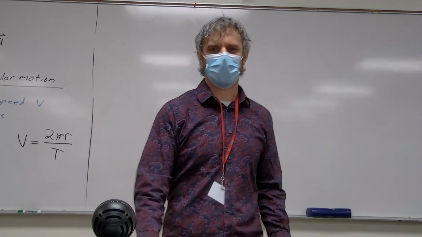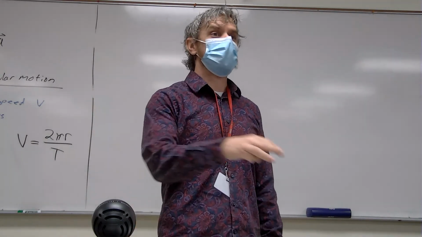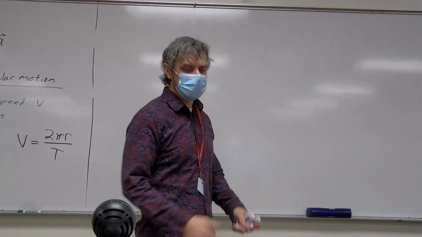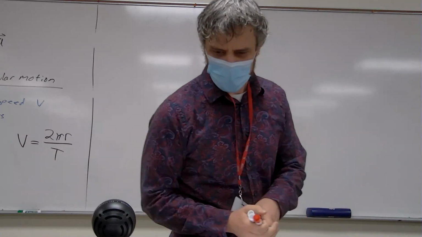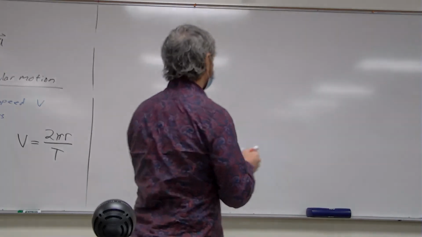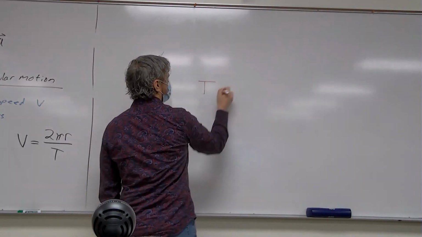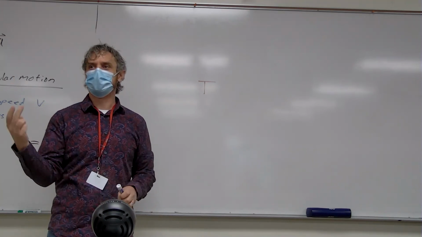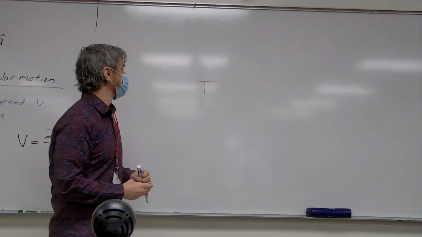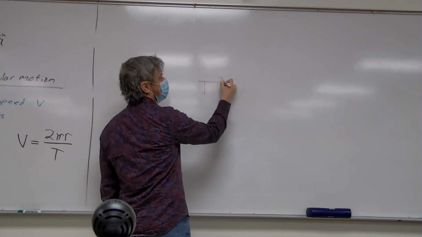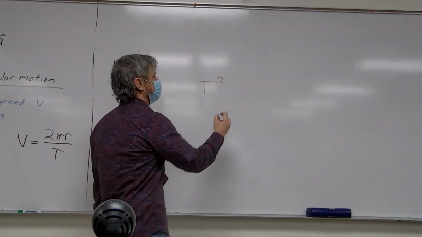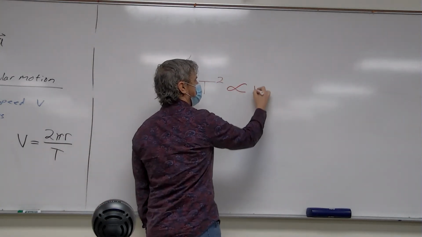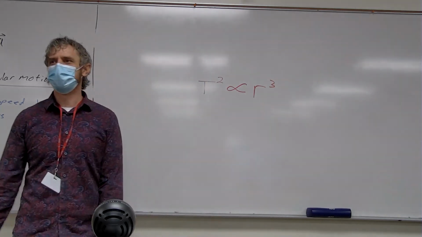I won't get into the second law because it takes a while to describe. But Kepler's third law of planetary motion says that the period of an object that orbits the sun, he worked this out for like Jupiter and Saturn and Venus and the Earth. The square of the period is proportional to the cube of the orbital distance.